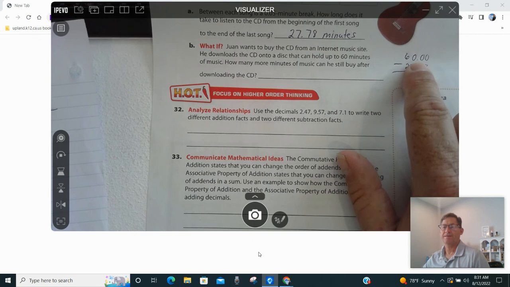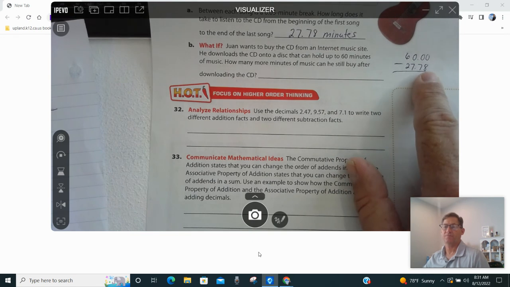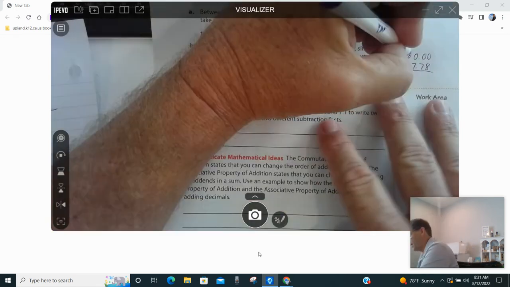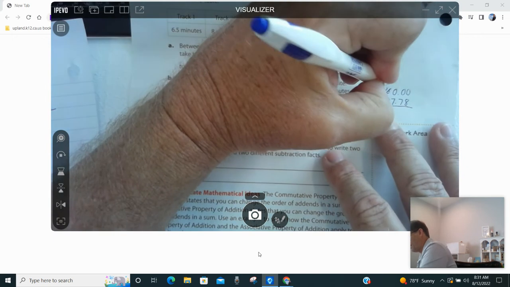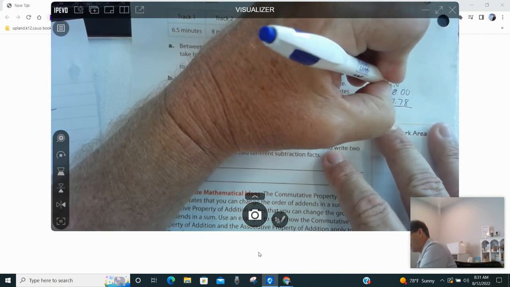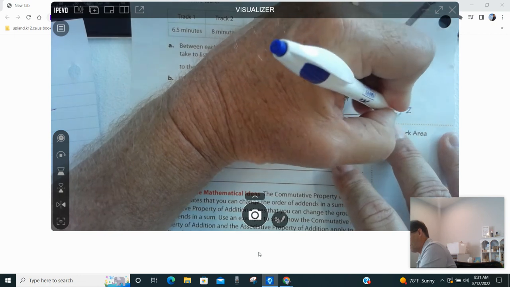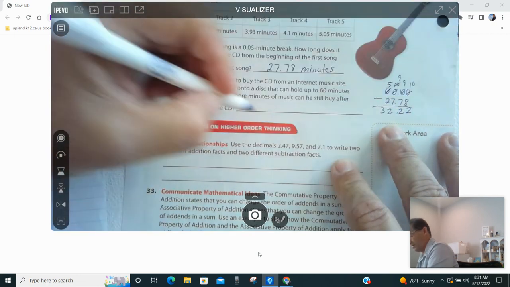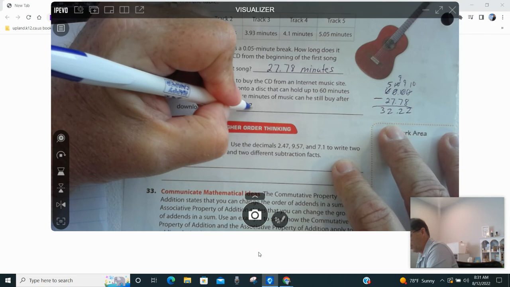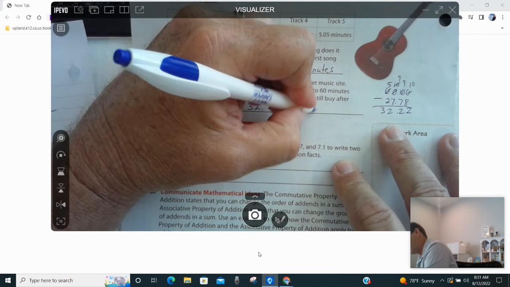So write in the decimal point and 2 zeros for placeholders. And then just subtract. You'll still have 32 and 22/100 minutes remaining.